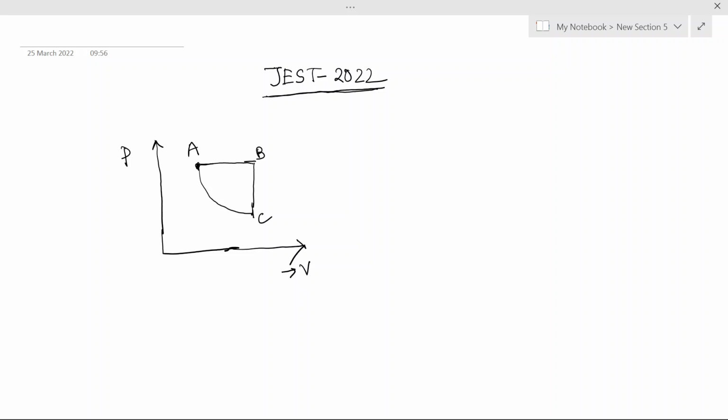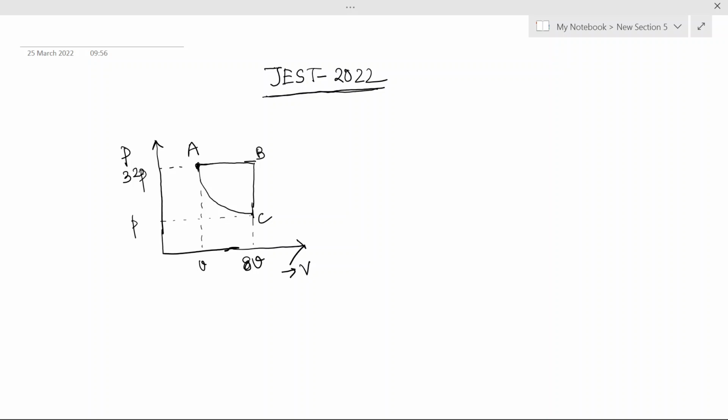So this is our process, and it is given as 32P, this is P, this is V and this is 8V. We have to find the internal energy of the gas in units of RT.